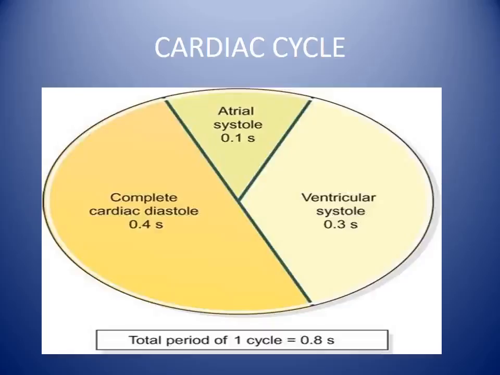During the cardiac cycle, blood flows through the chambers of the heart in a specific direction. Each cardiac cycle lasts about 0.8 second.